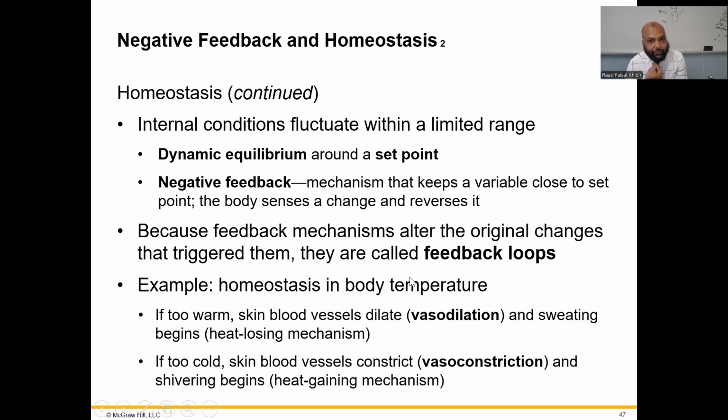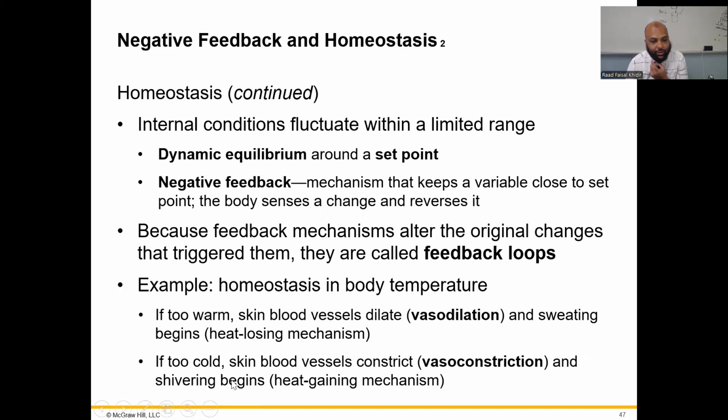So negative feedback and homeostasis: internal conditions fluctuate within a limited range, there's a dynamic equilibrium around a set point, and the negative feedback mechanism keeps a variable close to the set point. Because feedback mechanisms alter the original changes that triggered them, they are called feedback loops.